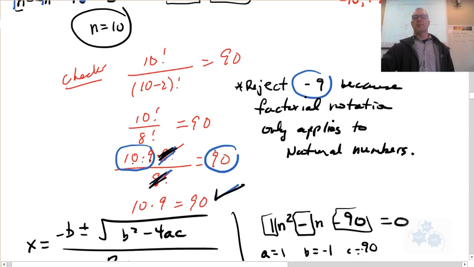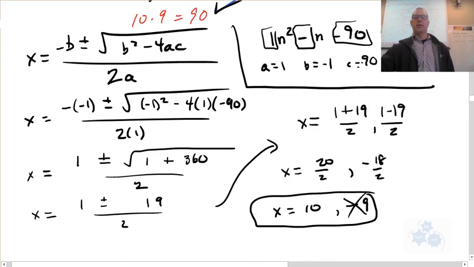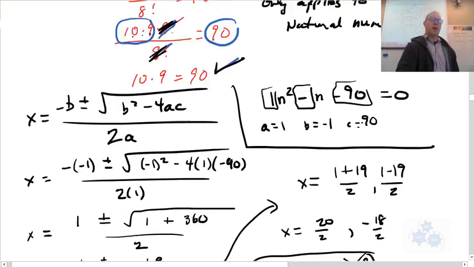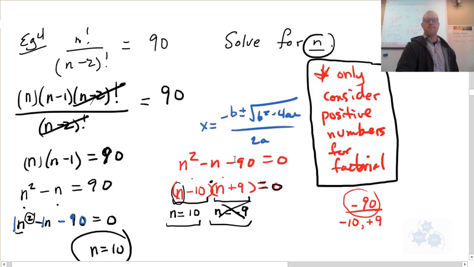So it's a good idea to do a quick check. And this is how you would do the quadratic formula. That looks a little complicated, but it's not that bad. You get to the same answers. Okay, so that's how to solve a factorial equation. Anybody have any questions about those examples? That's the toughest part of this lesson.